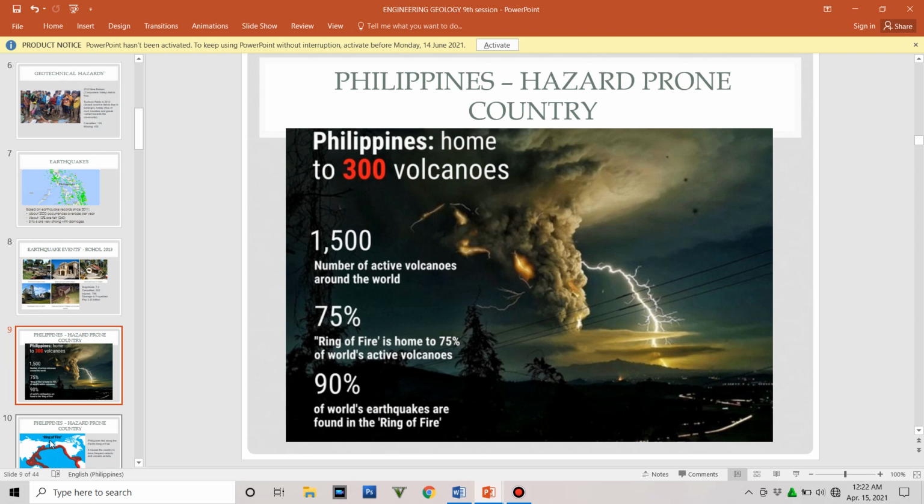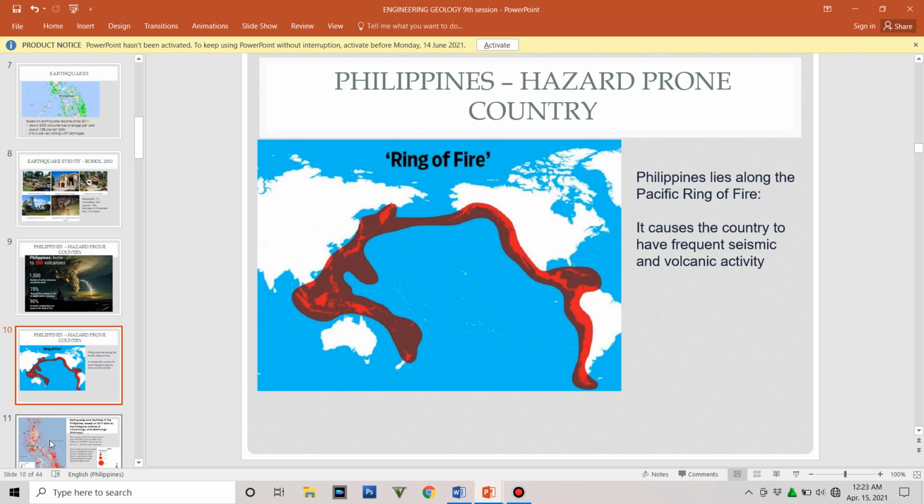As mentioned, there are 1,500 active volcanoes around the world, and the Pacific Ring of Fire is home to 75% of that number. So the Philippines lies along the Pacific Ring of Fire. That causes the country to have frequent seismic and volcanic activity.